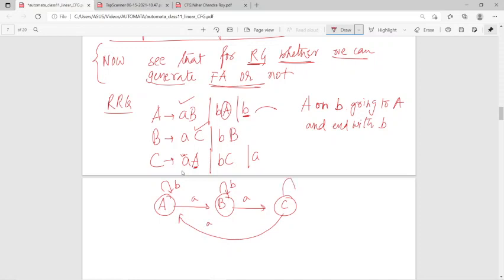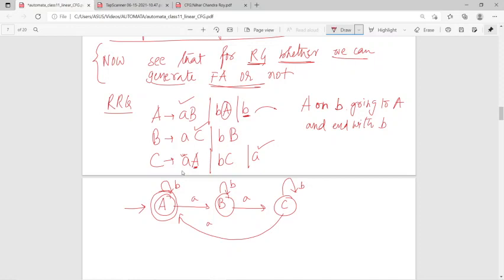And when B is given, it stays in C. And of course C ends with A. That's why I'm saying it is ending with A. That means when it gives A, that will be the ending. So we can say that A can be treated as a final state.